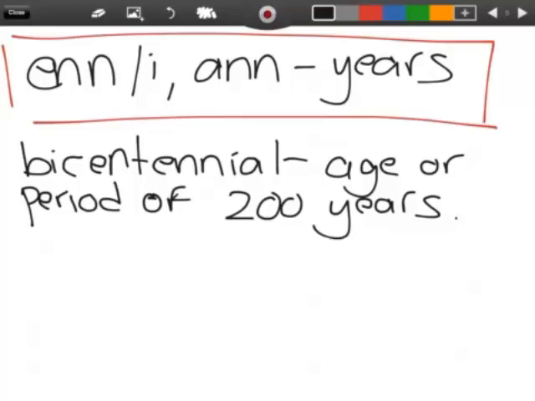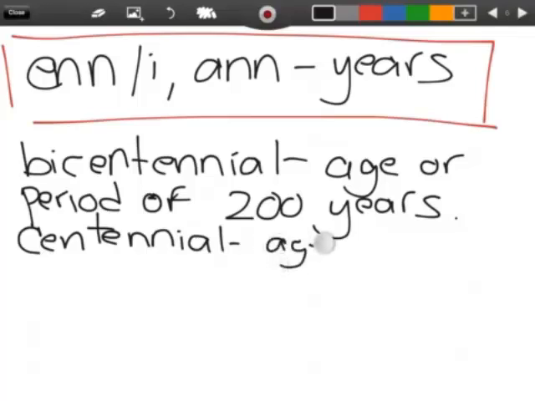And my next example is centennial, meaning age, period of 100 years.